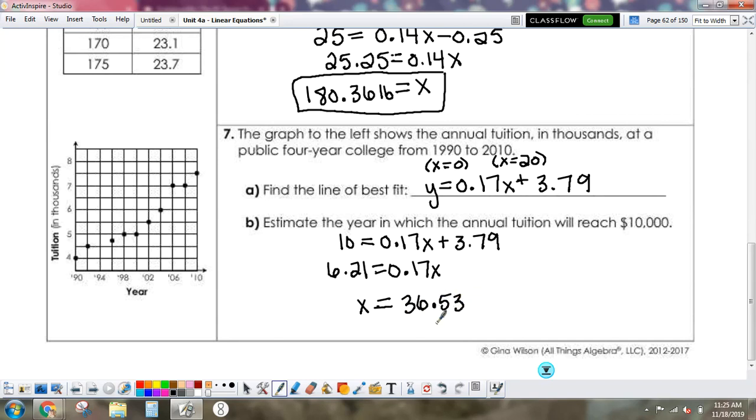So that's about 37 years, 37 years past our starting year. That is in the year 2027.